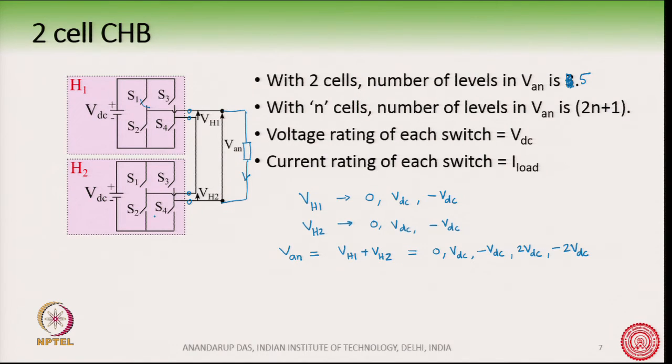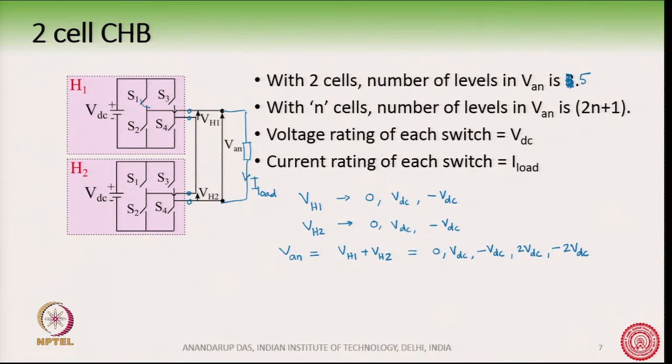So, the rating of these switches will be equal to I load, where I load is this one. So, we see that all the switches are identical in terms of their voltage and current rating. The voltage rating is VDC and the current rating is I load.